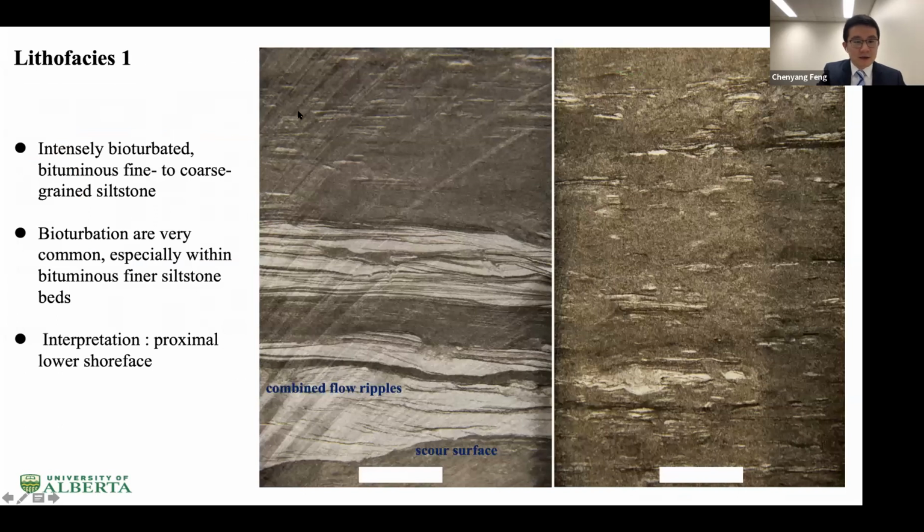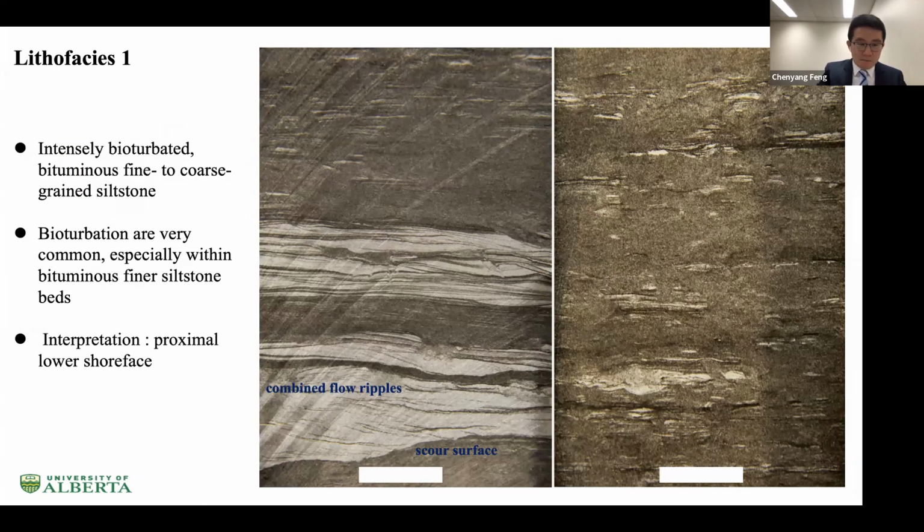Lithofacies 1 is mostly composed of intensely bioturbated bituminous fine to coarse-grained siltstone. Bioturbation is very common in this facies, and there are even intervals, 7 meters on average, showing homogeneously bioturbated distributions.